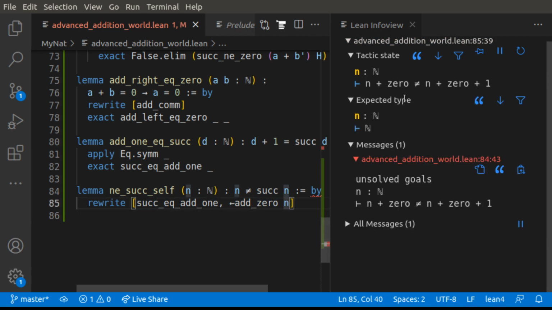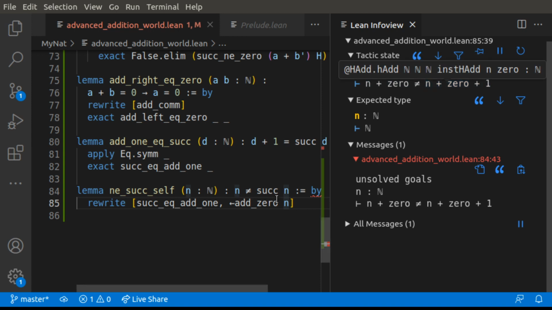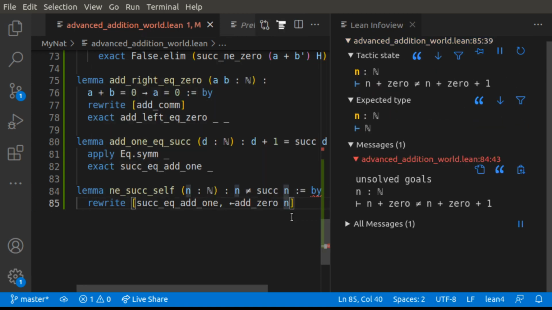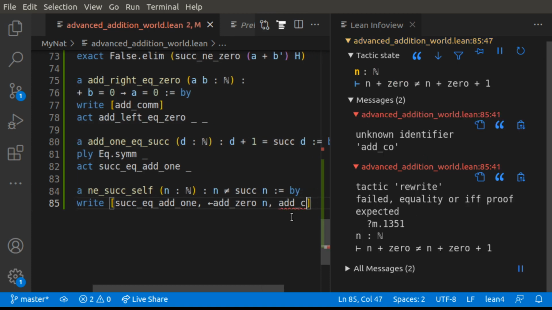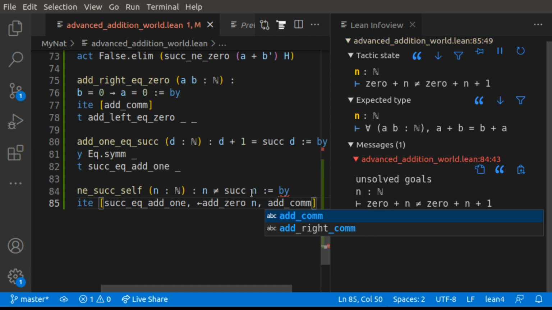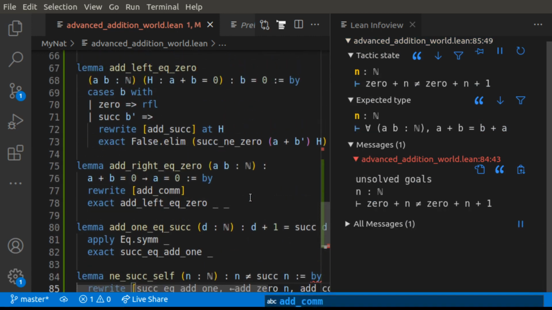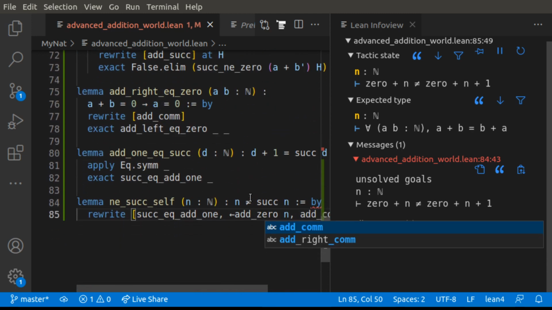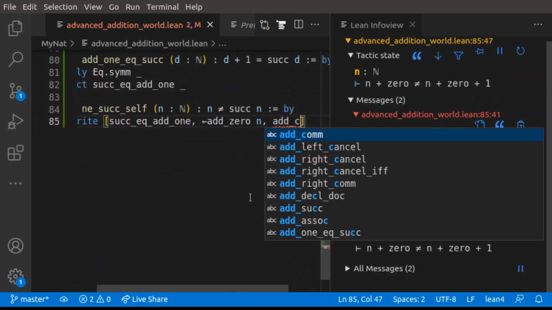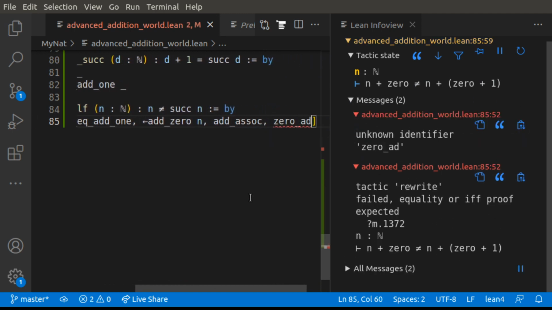But also, now I want to do the commutative trick again. Oops. Add. Oh, it was a commutative? No, yeah, commutative. What was that? Add associative, not commutative. Add associative. 0 add.